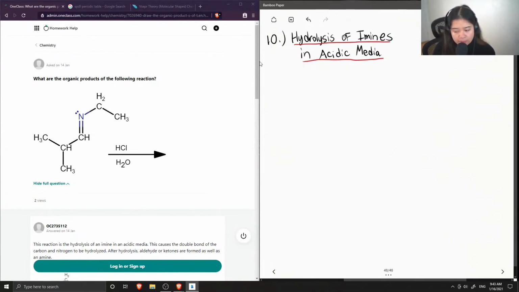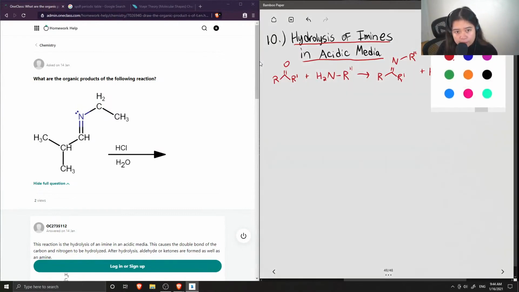Typically imines can be formed when you have a ketone reacting with a general amine to form a double bonded nitrogen plus water. So now let's show the mechanism.